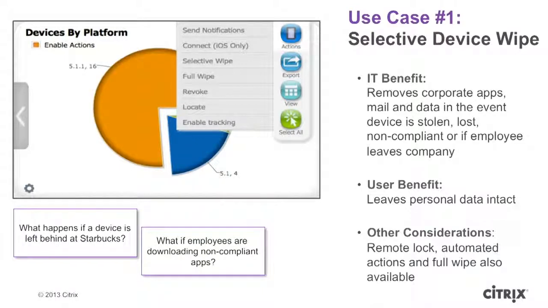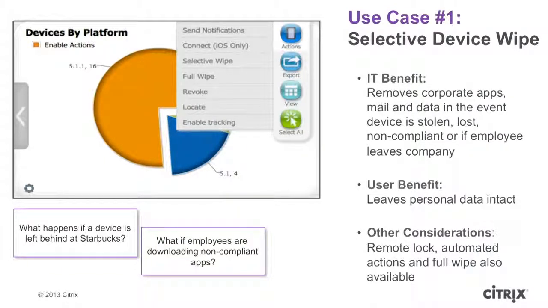And then we get down to the decommissioning stage, which is what I talked about earlier. I always like to talk about selective device wipe, because full wipe is a little bit too severe, and most of the customers I talk to do not employ full wipe for that reason. There is an IT and an end user benefit in this, even though it's primarily IT.